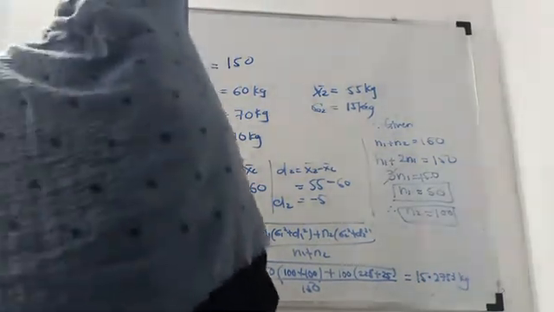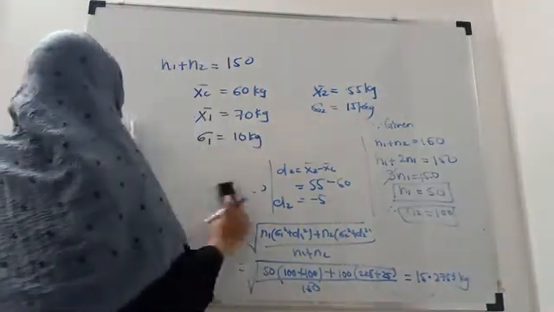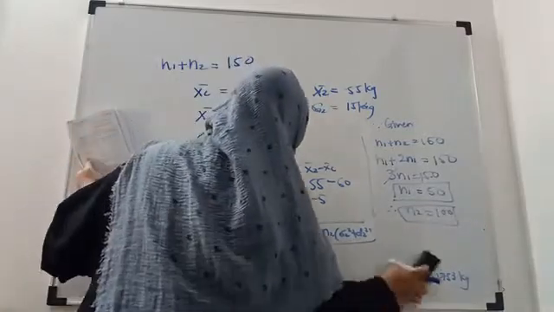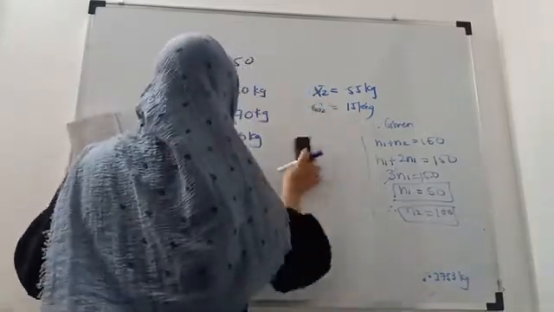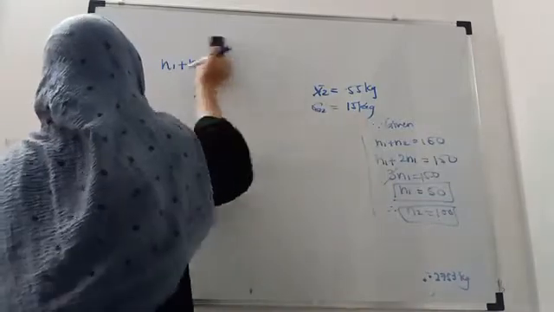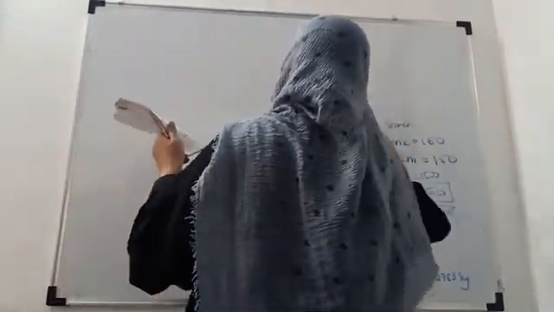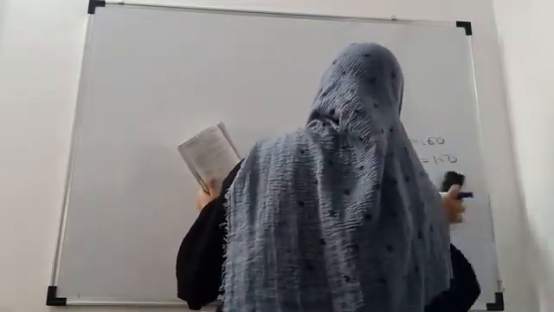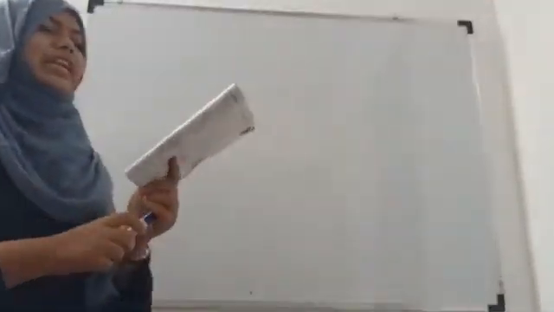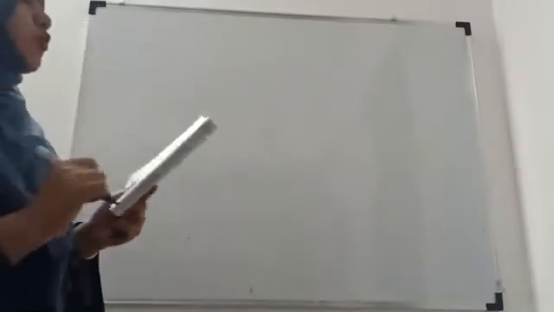Now we will see another example, problem number 8, page number 4.12. Okay, so the problem is: the mean and the standard deviation of 10 observations were 9.5 and 2.5.